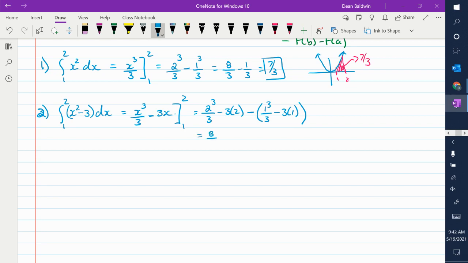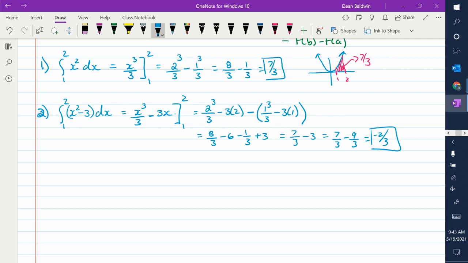So 8 over 3 minus 6 minus 1 over 3 plus 3. So I get 7 over 3 minus 3. If you do this with decimals, I don't really care, but we should all be able to deal with the fractions. So that's 7 over 3 minus 9 over 3, which is negative 2/3. Does that make any sense?